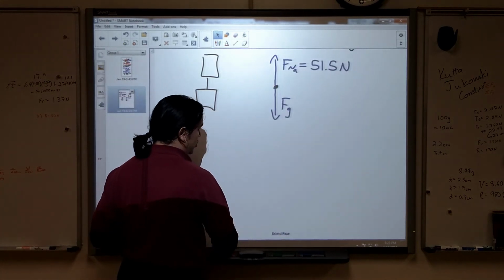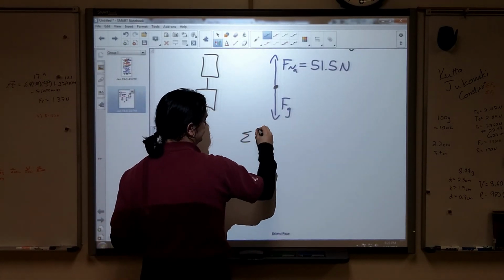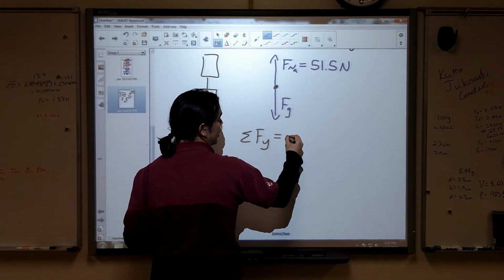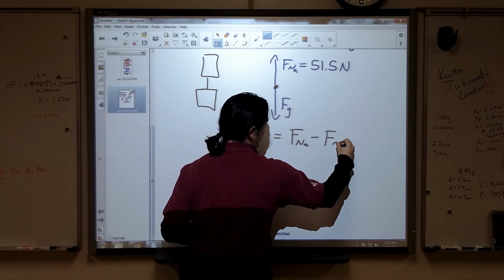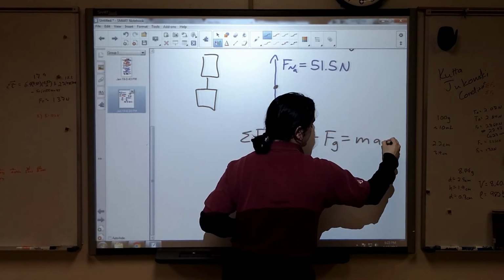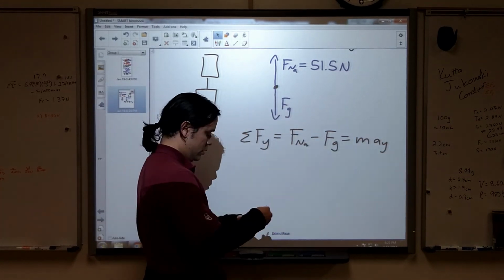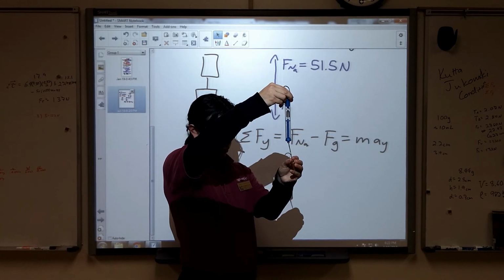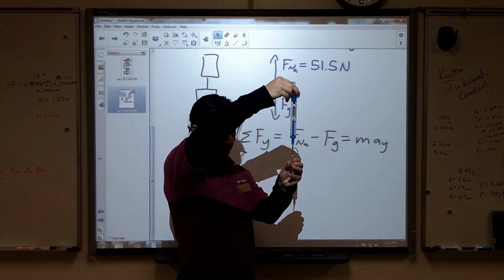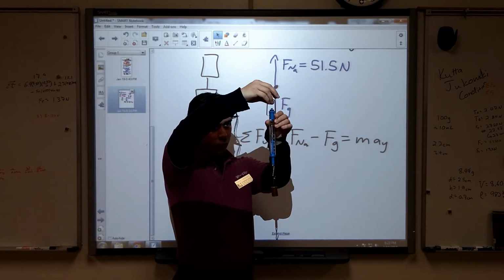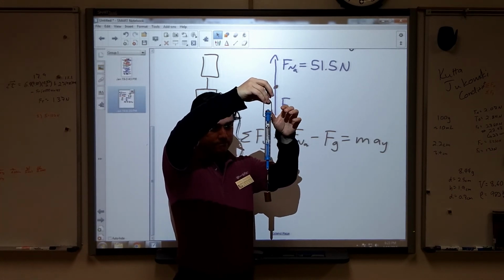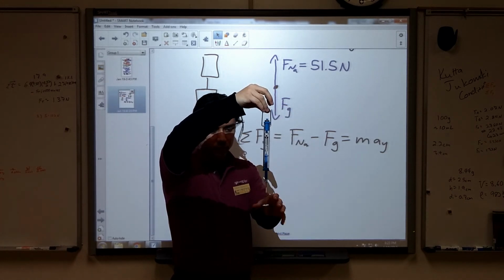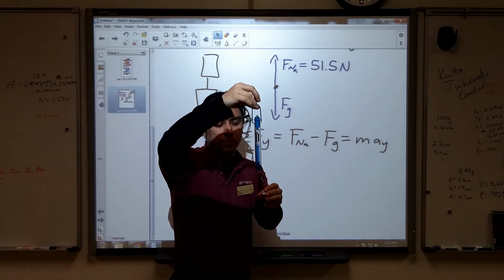If I do my sum of forces in the y for air, I have my normal force in air minus the force of gravity equals my mass times my acceleration in the y. If I have this thing hooked right on here, it says 1 newton. It's just sitting there. What's my acceleration in the y? Well, 0. It's not accelerating downward or upward, aside from me bumping it a little bit.